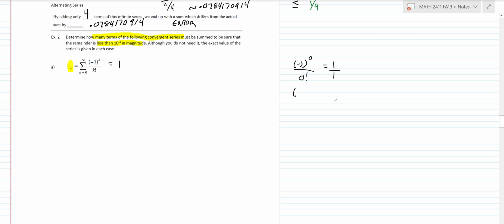The next term would be negative 1 to the 1 over 1 factorial, so that's negative 1 over 1, minus 1. Then we would have negative 1 to the second over 2 factorial, that's positive 1 over 2. And so forth.